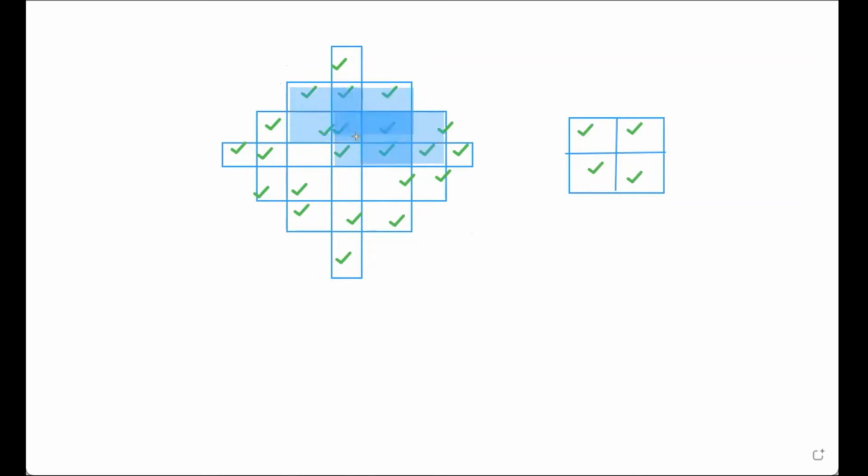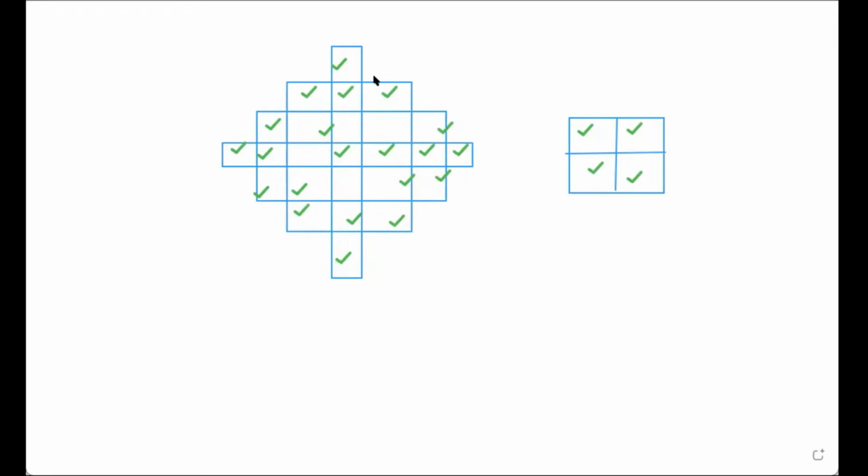Let's try to find the least amount that we can remove. The darkest spots are where the most squares overlap, so let's find the darkest spot we have here. Let's remove that check mark. Okay, but this box still has a check mark left. So we can remove that. And now this is our situation.